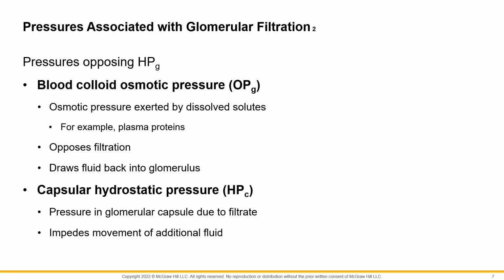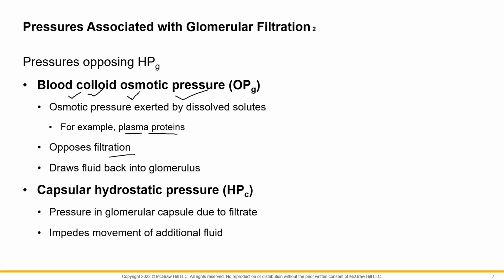Now, the two pressures opposing that I mentioned, like federal income tax and state income tax, are things that we are going to subtract out of the incoming pressure. The first is your blood colloid osmotic pressure. This is osmotic pressure by larger particles, like plasma proteins in blood, and it opposes filtration, right?